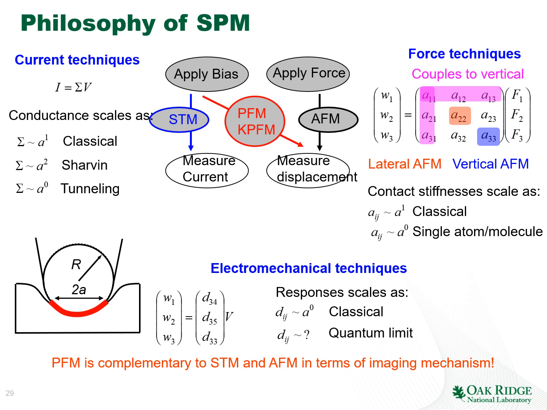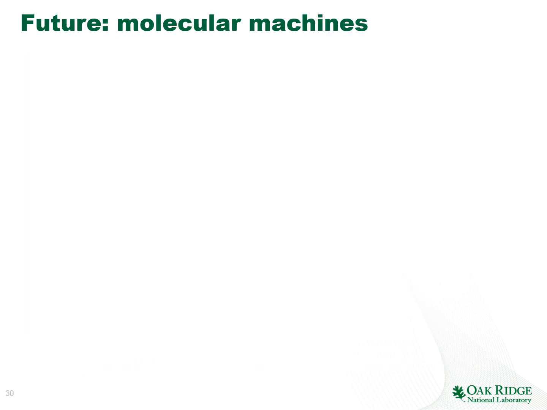But this is extremely important because that means that the PFM signal is quantitative. And many of the developments in the field of PFM, including quantitative spectroscopies, imaging, even the fact that we can get high contrast, very high fidelity images, utilize the fact that the signal is independent of the contact area and the PFM signal is quantitative. And I will talk about it more in a future lecture.